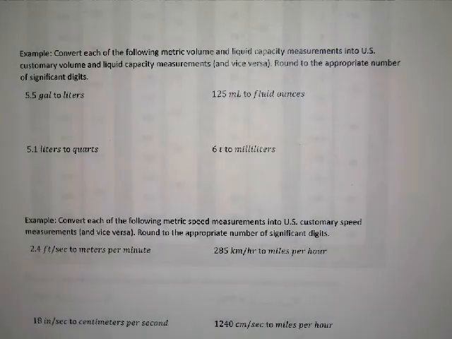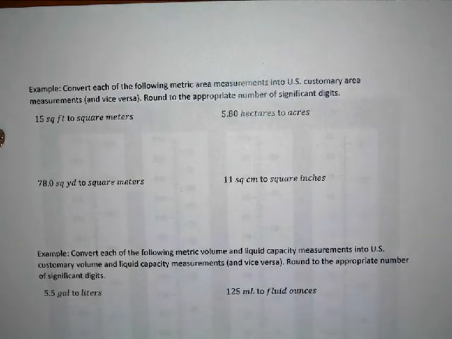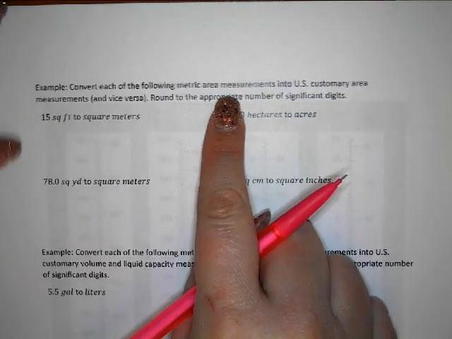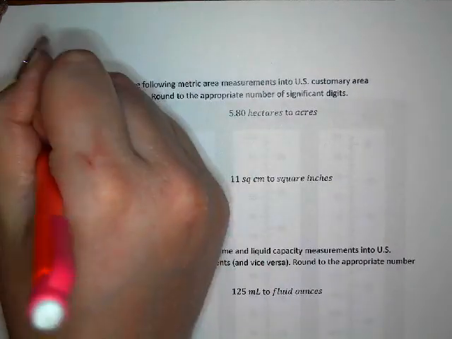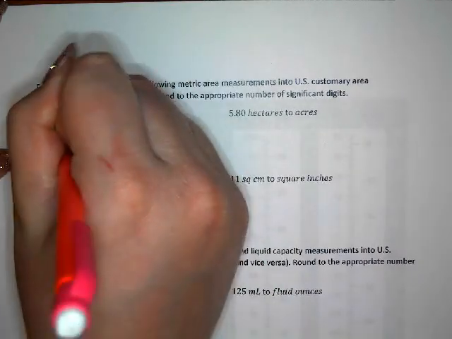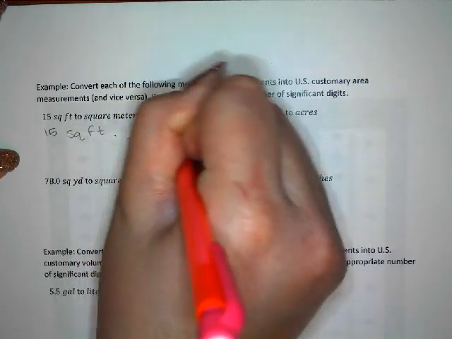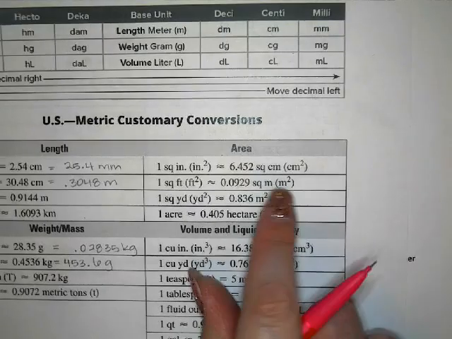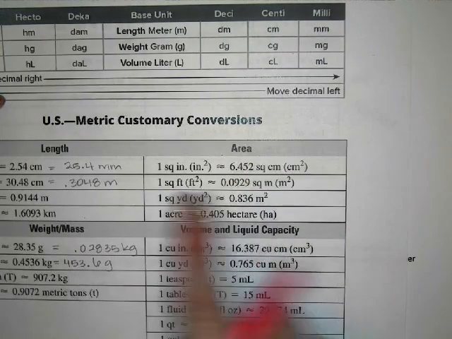Convert these area measurements. So here we have 15 square feet, we're converting into square meters. So square feet into square meters, 0.0929.